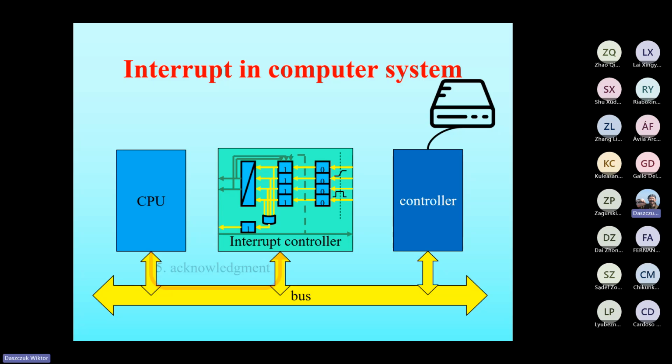So the controller sends the specification, which contains the number of interrupt line on which the interrupt was reported, and some data from the controller, typically.